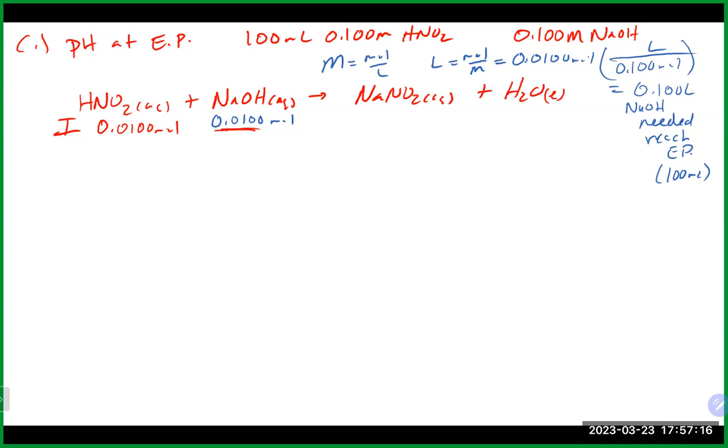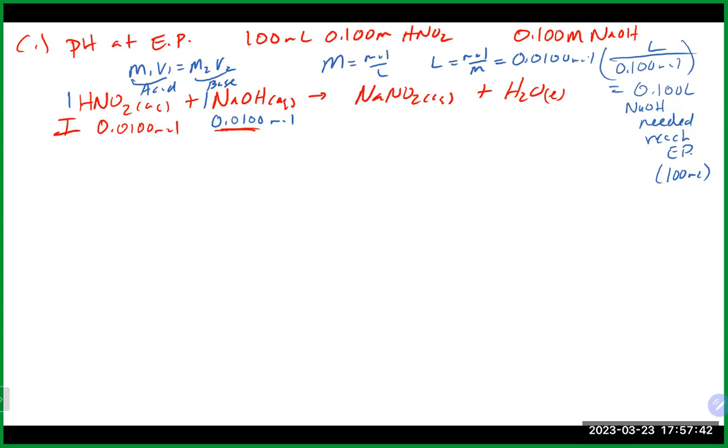Another way you can figure it out is, it is a 1-to-1 relationship between these guys, which means you could use M1 V1 equals M2 V2. This would be your acid information. That would be your base information. And you could solve for V2 in that case. You would take 100 times 0.1 and divide it by 0.1, which gives you 100 milliliters in this case.